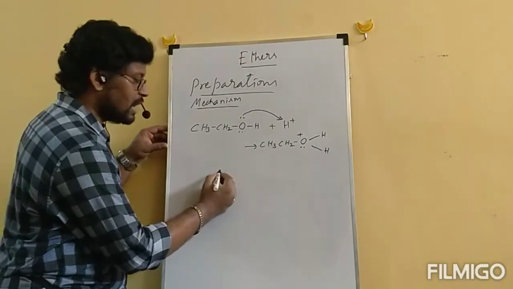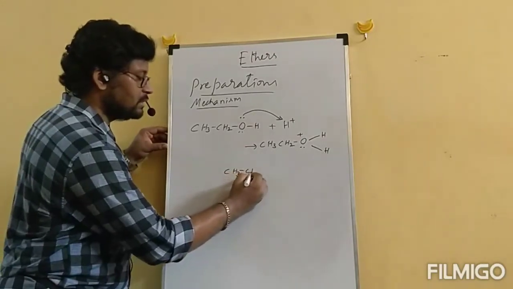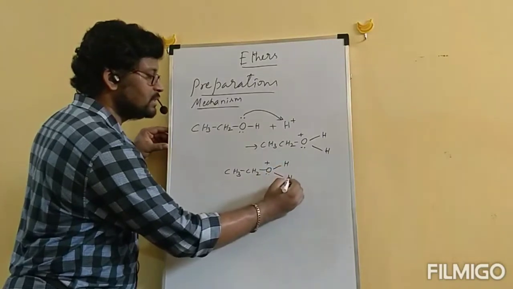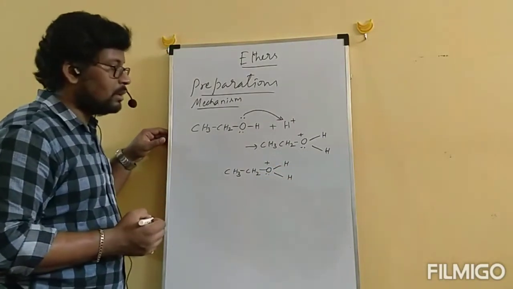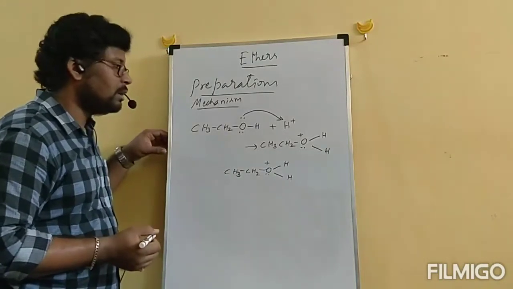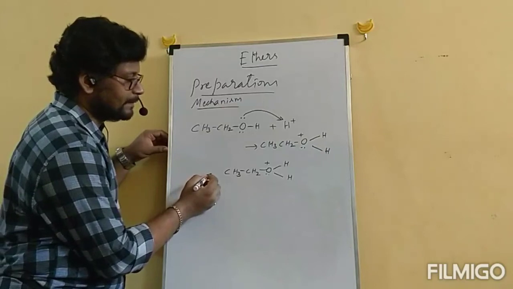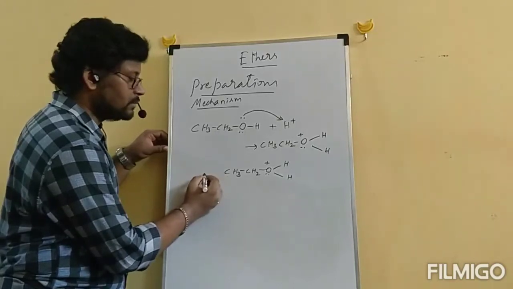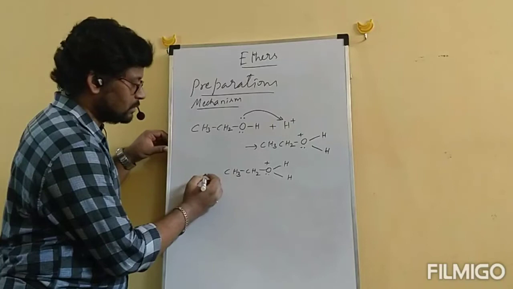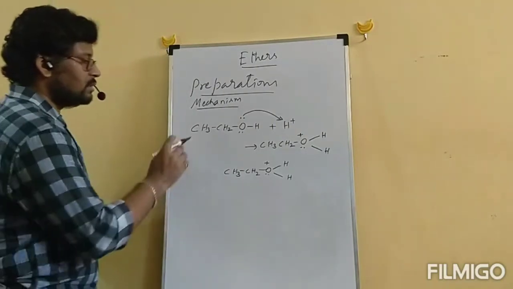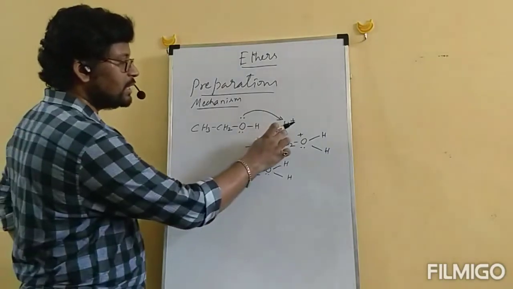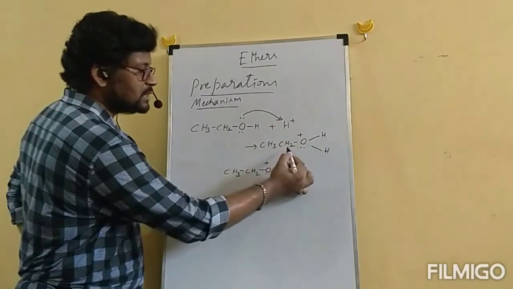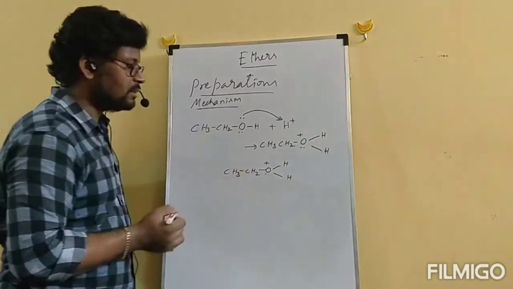After this protonation of alcohol, we have CH3CH2O plus with lone pair, H and H. In the first step, CH3CH2OH is going to attack this H plus, in which this lone pair of electrons is going to attack this H plus to be formed as CH3CH2O plus and H, H here.